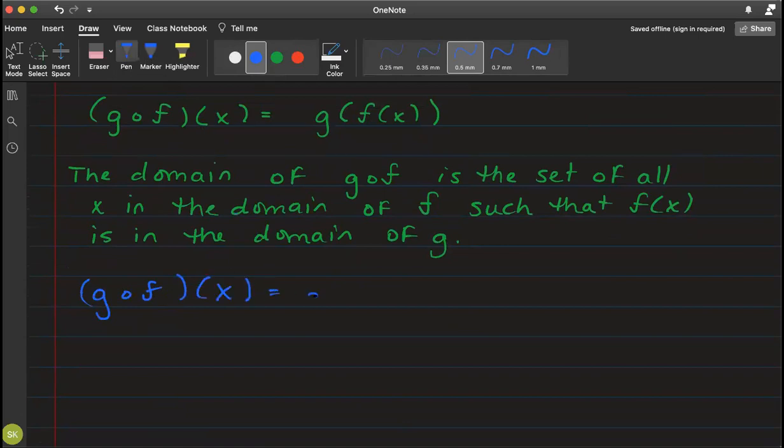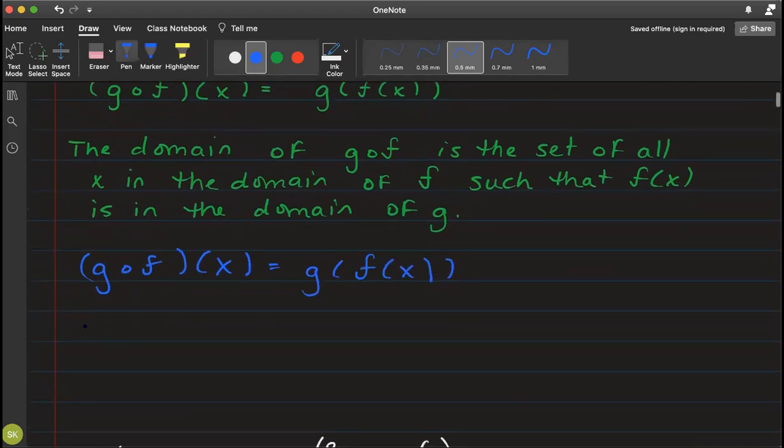This is g with f of x plugged in, but we can also say things like f composed of g of x, and that is f with g plugged in. So this is how you're going to read this: when you see this, you always start with the rightmost function. You see how I have f here? f is inside.